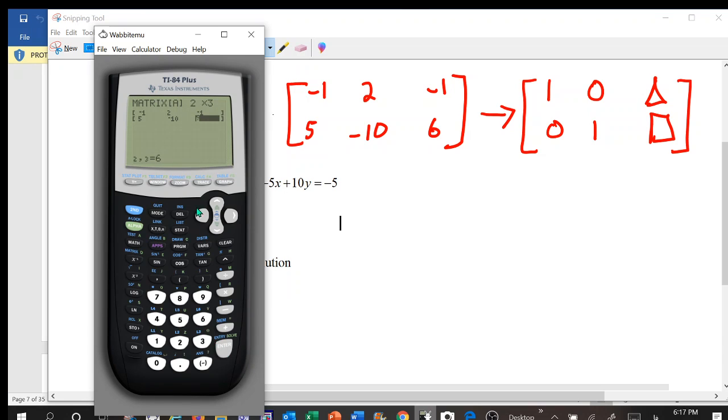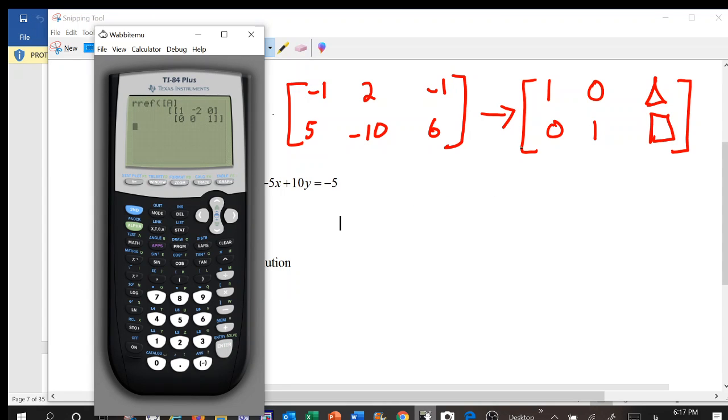There. So now we make sure we did it right. Yes. So what we want to do is the same thing I just did. I go to matrix and math and find RREF and put matrix A right after it, and then press enter.